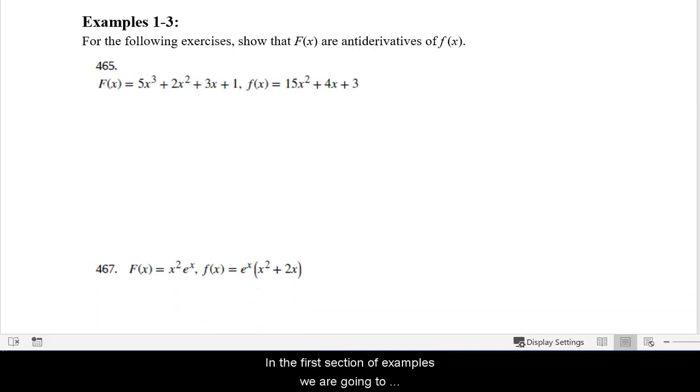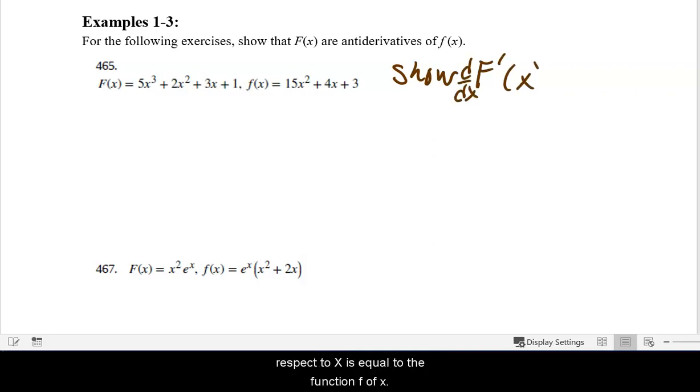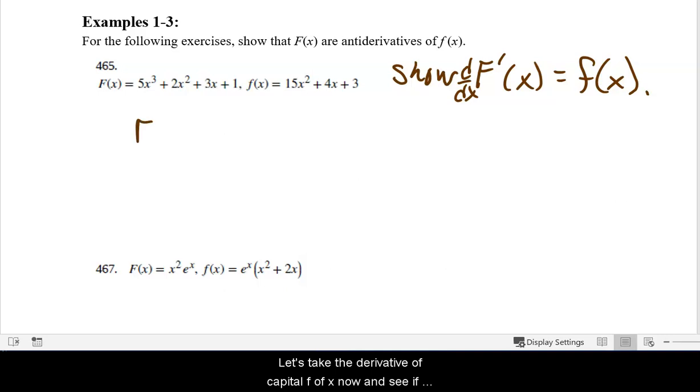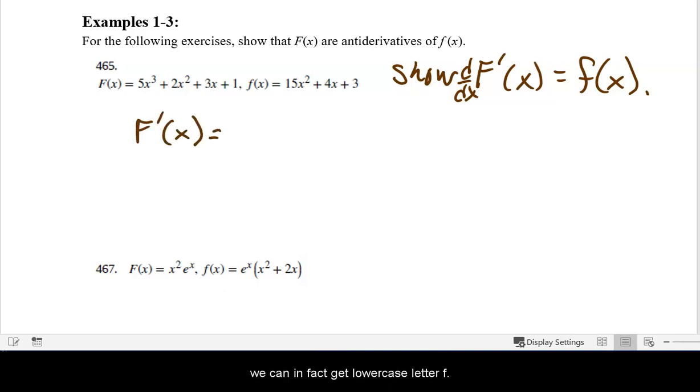In the first section of examples, we are going to show that uppercase letter F of x is an antiderivative of lowercase letter f of x. To show that that is true, we need to show that the derivative of uppercase F of x with respect to x is equal to the function f of x. Let's take the derivative of capital F of x now and see if we can in fact get lowercase letter f.